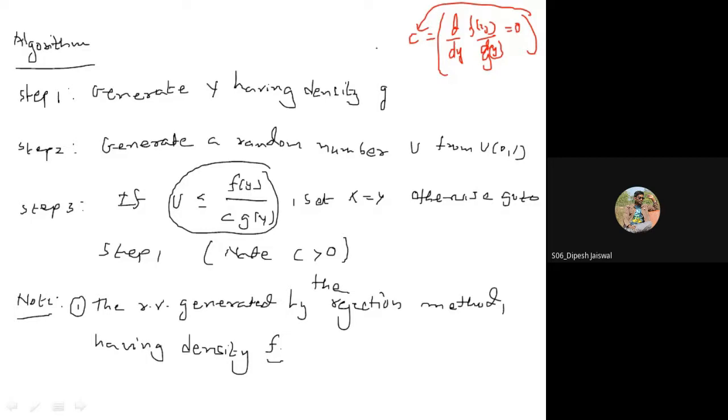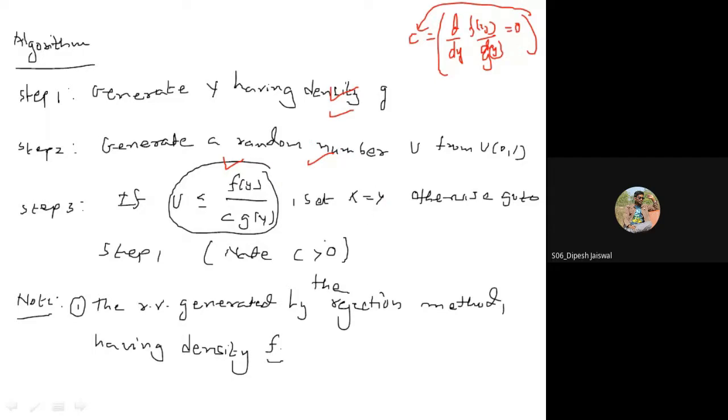So this is the simple step procedure. First we generate a random number y having density g. Then we generate a uniform random number u. Then we compare u with f(y) upon c g(y). If the condition is true, the required random number is y, which we assign to x.